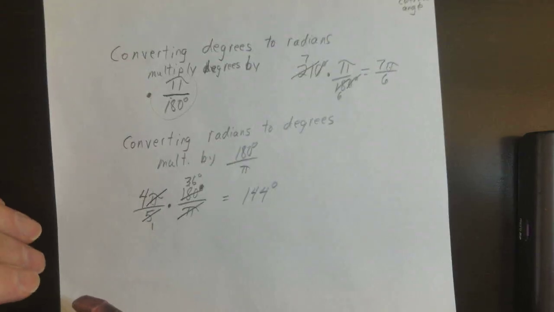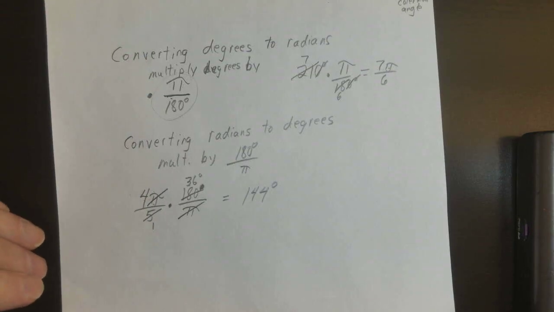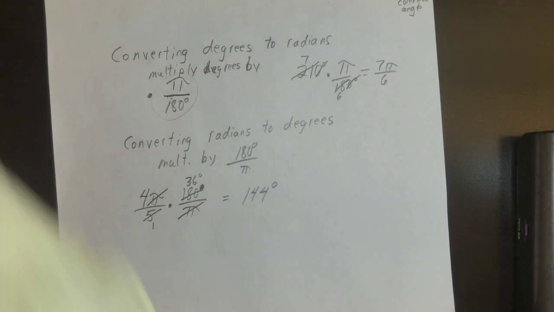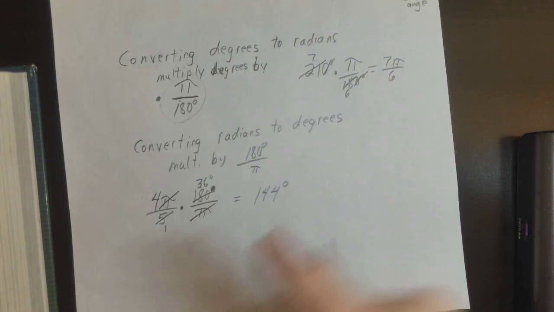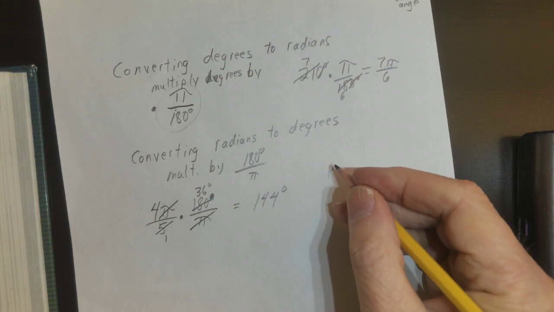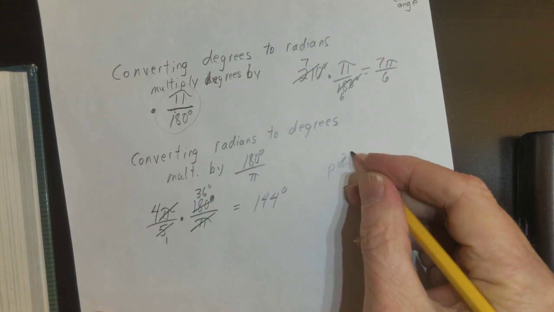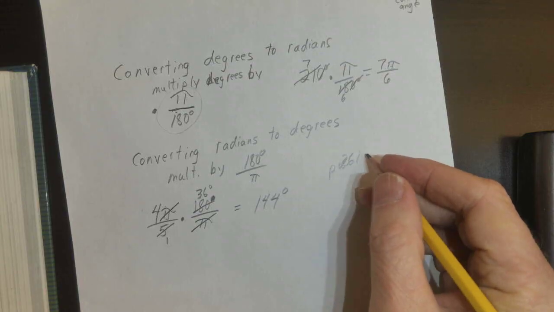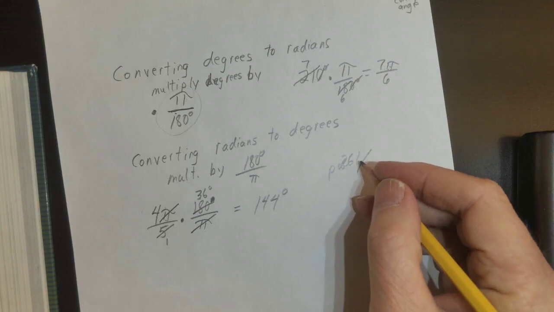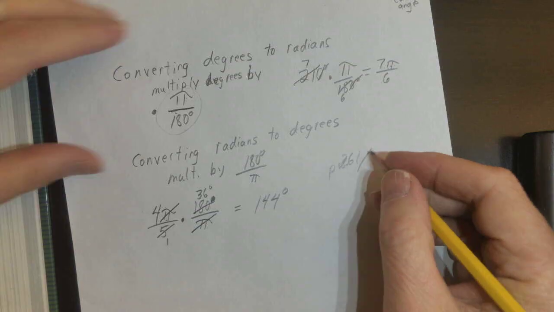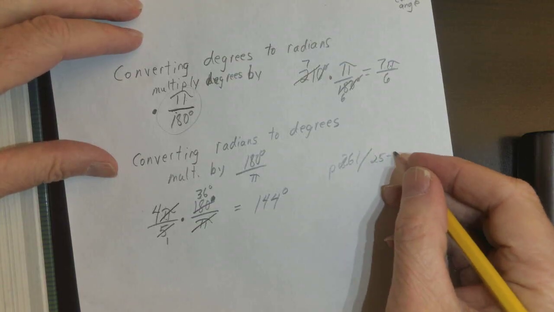We just dealt with problems from the book that dealt with those kinds of questions. If you're going to get some practice, you would be on page 261 for the coterminal stuff. That is 25 through 28.